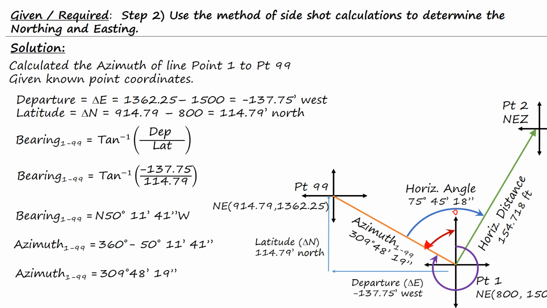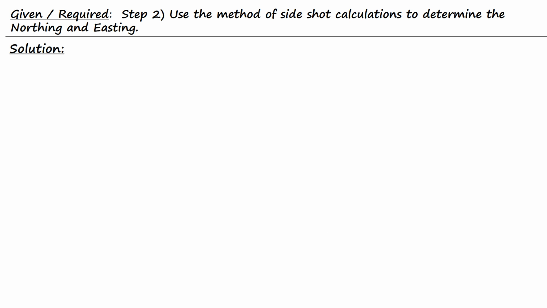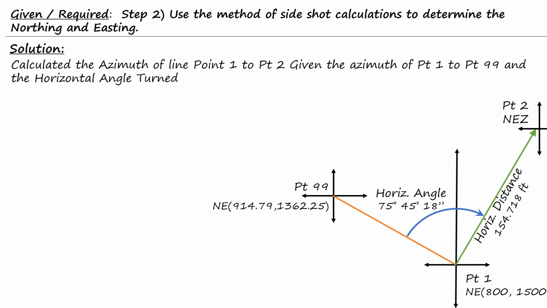All right? Now, the next thing we need to figure out is the actual azimuth from point 1, from this point here where we're set up, to this point up here at point 2. So we know the azimuth from point 1 to 99 is 309 degrees, 48 minutes, and 19 seconds.